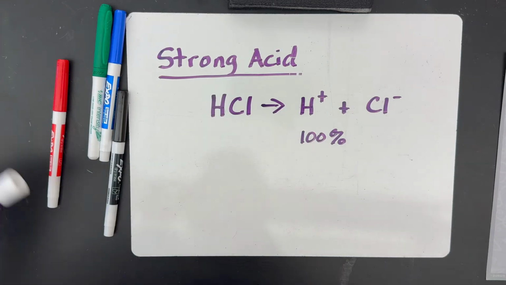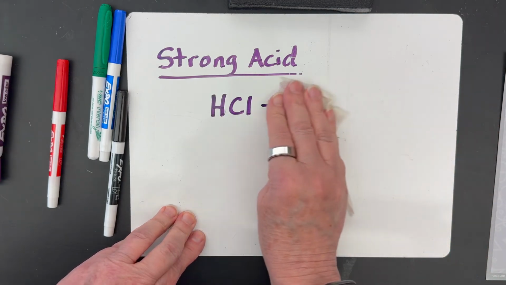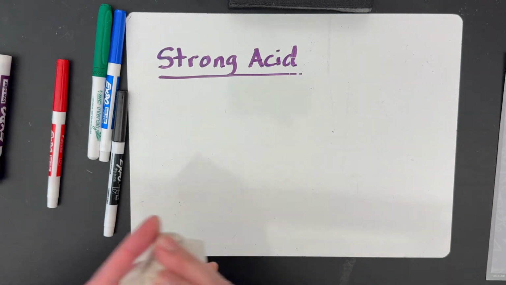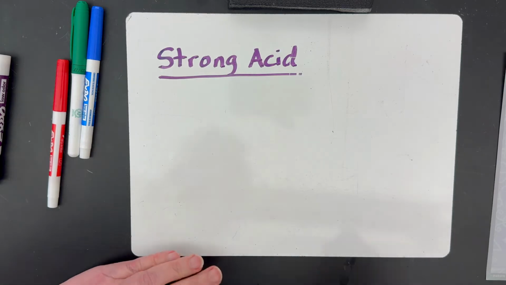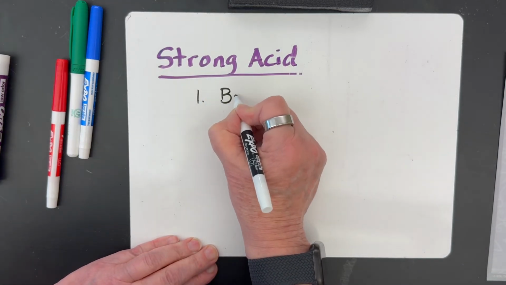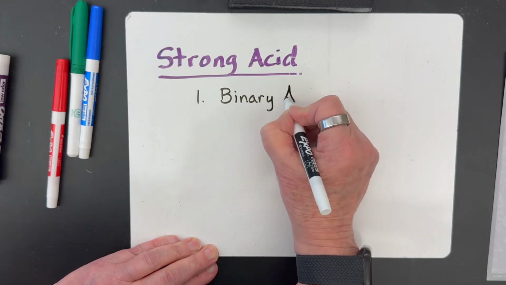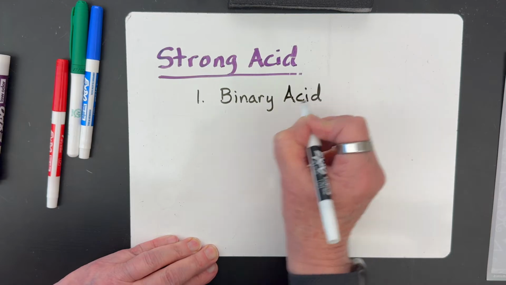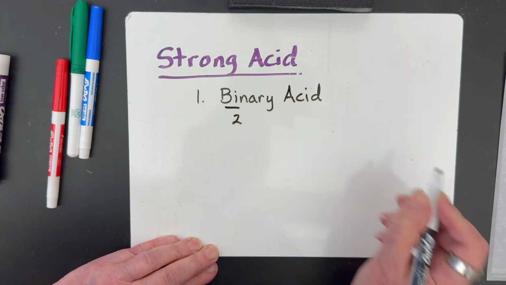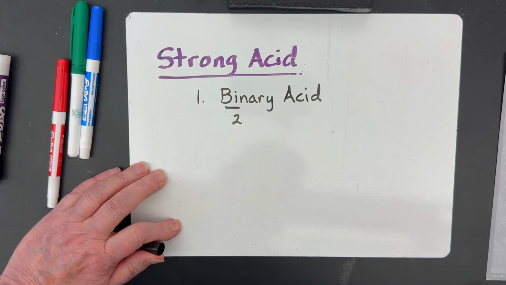When determining whether an acid is strong or weak, first we have to see what kind of acid it is. So we have 2 types. The first type are called binary acids. Binary, bi means 2. There are only 2 elements in a binary acid, and one of them is going to be hydrogen.